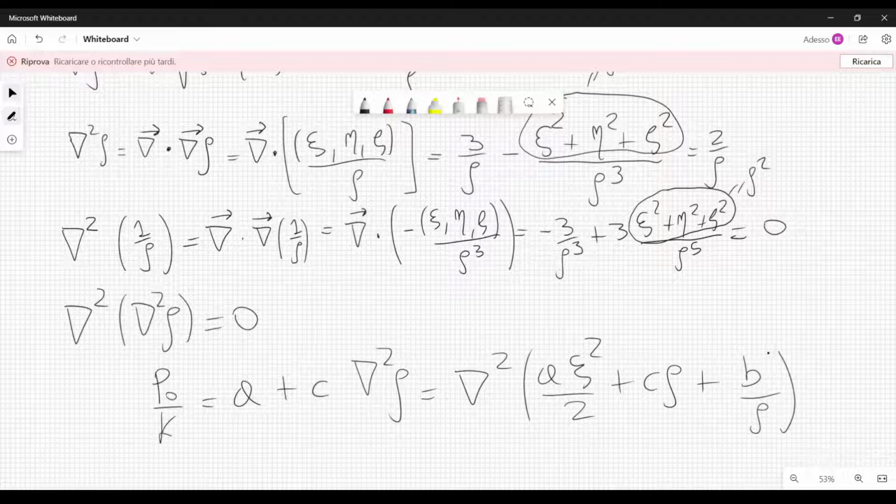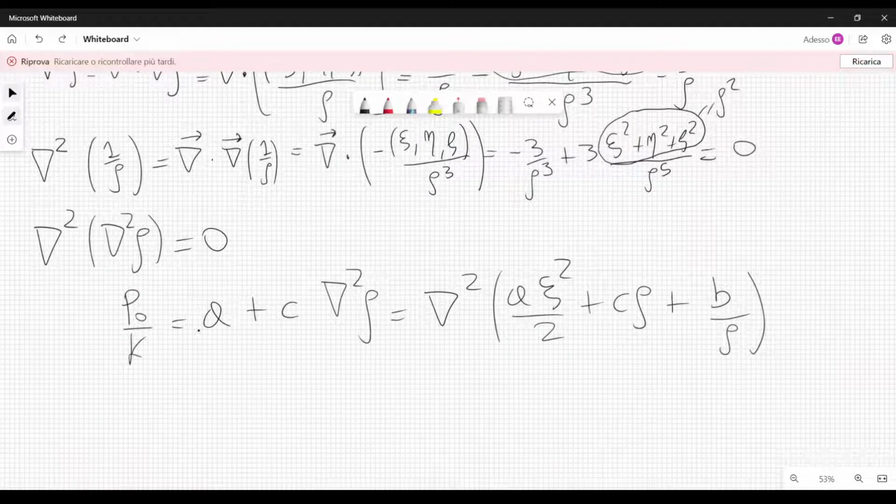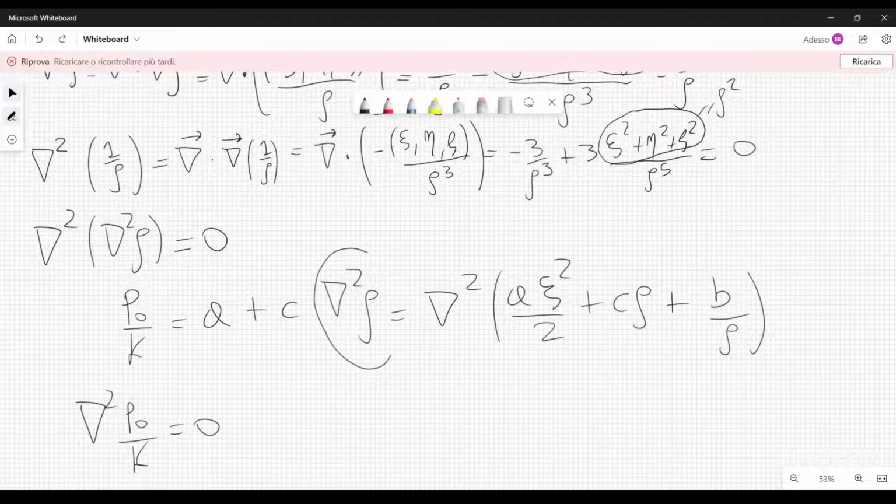We can also rewrite it in this form because the Laplacian of this is 0, whereas the Laplacian of rho can also be written as c times the Laplacian of rho. And we have found that the Laplacian of p0 divided by k is 0 because the Laplacian of a constant is 0 and the Laplacian of this is also 0 for what we found here.